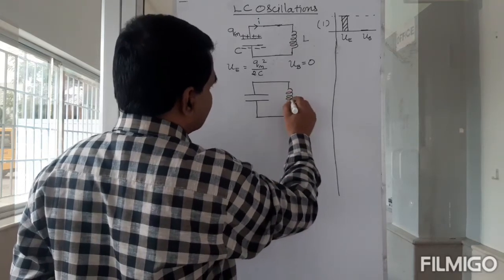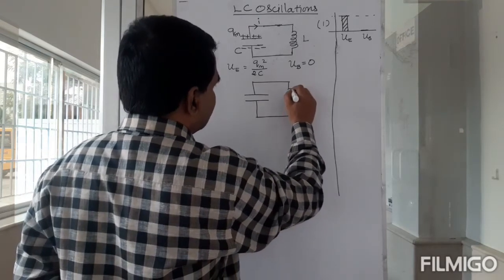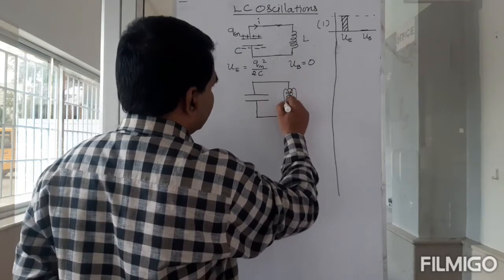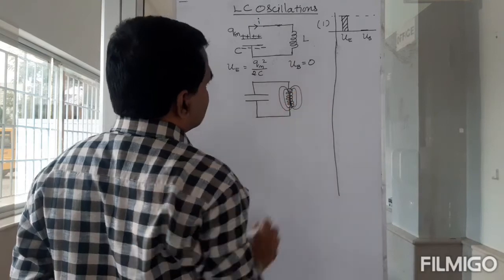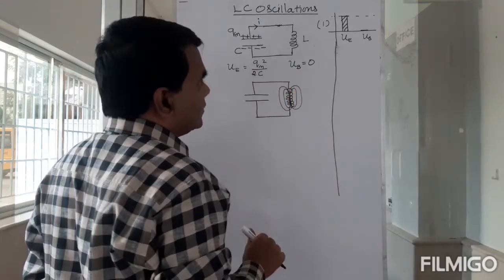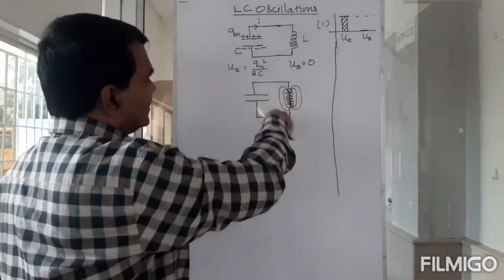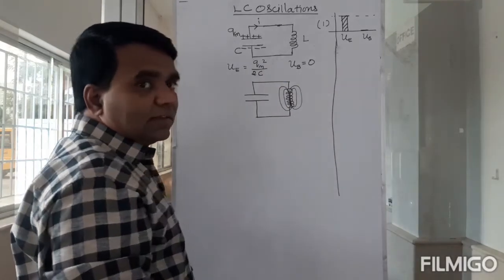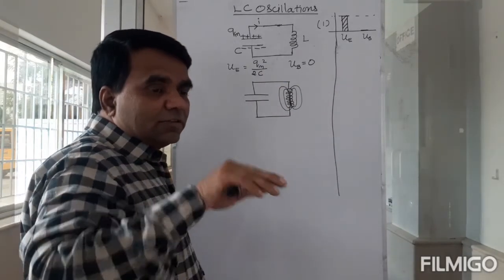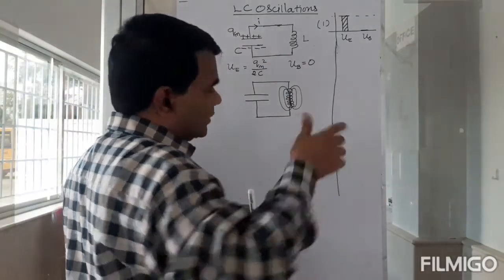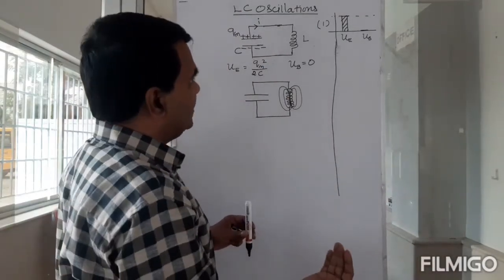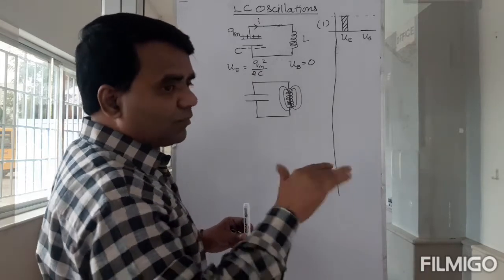As the current starts flowing, I'm going to have a magnetic field around it. So there is a magnetic field in that. Current is flowing in this direction, so the field will be like this.